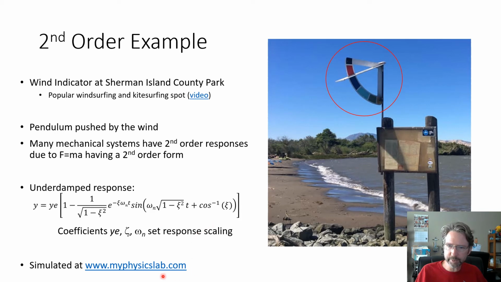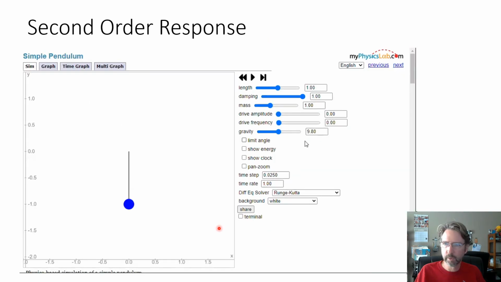I'm going to simulate this with a website, myphysicslab.com, and we'll see how it responds to a gust of wind hitting this pendulum when it's hanging straight down. So here I can input the amplitude of the gust. I'm not sure what the units are on this.